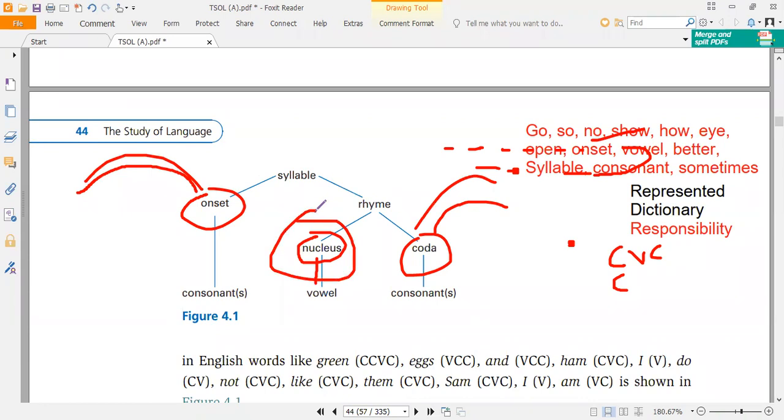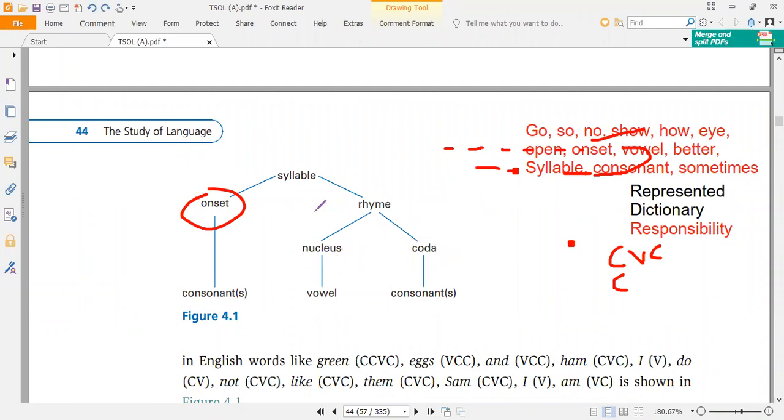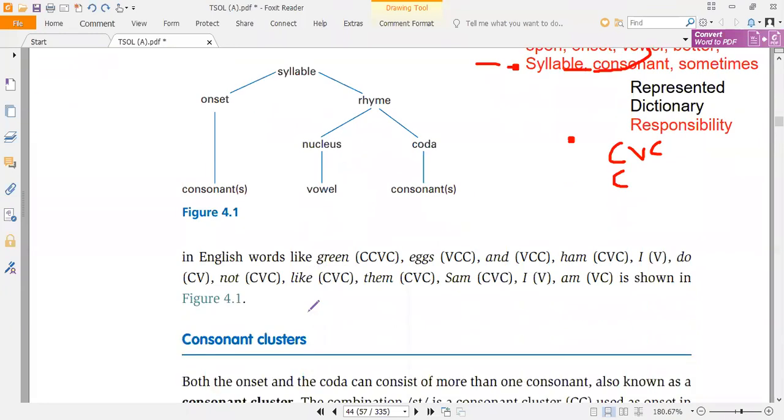Look at the word nucleus. The sun is the nucleus of the galaxy, the central and most important point. The same is the case with the vowel sound. Vowel is the nucleus, the most important element of a syllable.